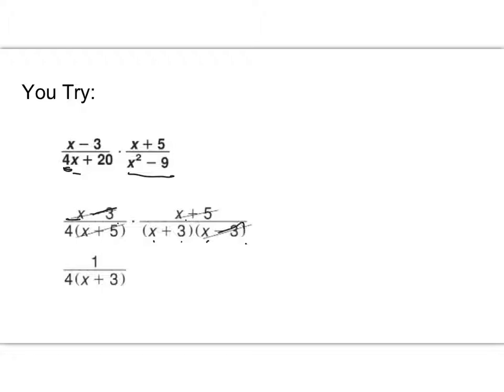My x minus 3's cancel out, and my x plus 5's cancel out, and I don't have any factors other than 1. Sometimes people forget that and they put 0. Not true. Big fat lie. Over 4 times x plus 3. And you can leave it like that. You don't need to distribute the 4 into the x plus 3. It's fine to leave it the way it is. In fact, I prefer it.